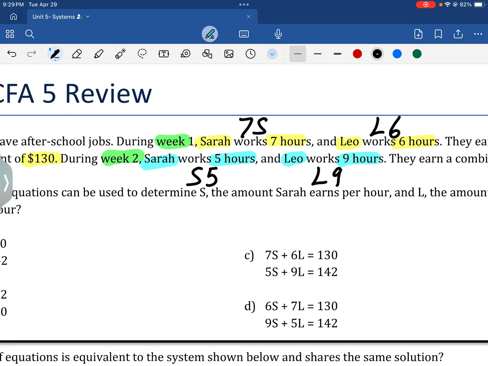So for week 1, we have 7S plus 6L equals 130.